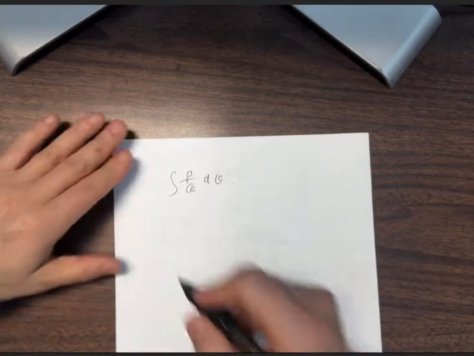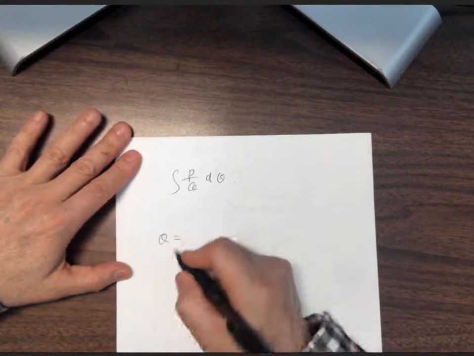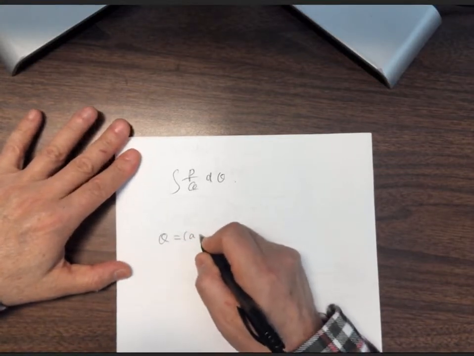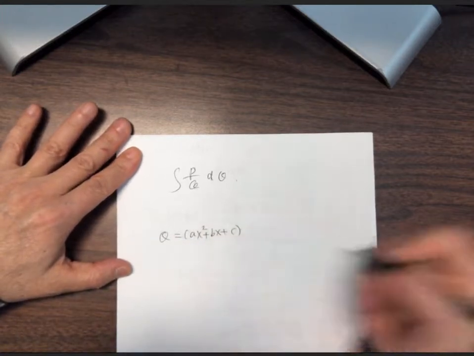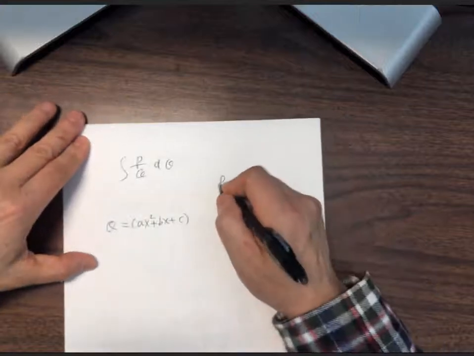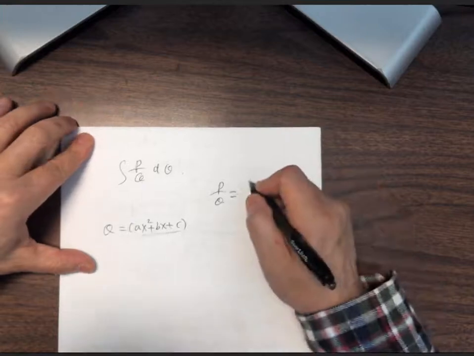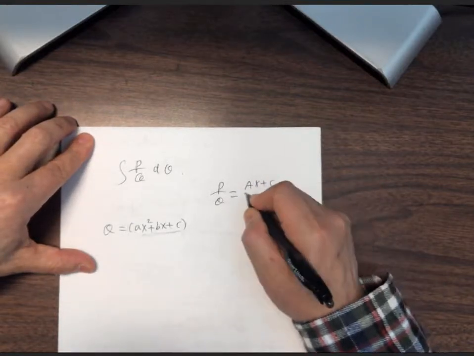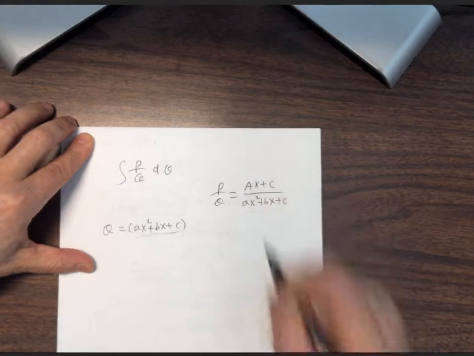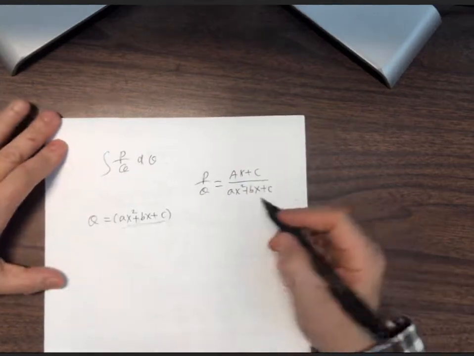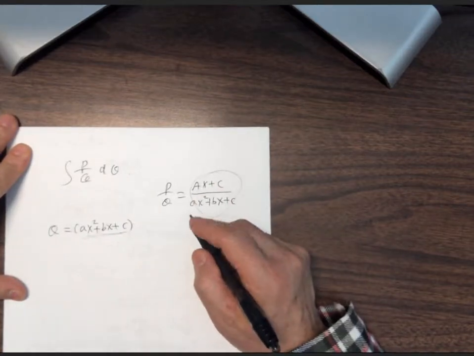When it's second order, in theory, if we have ax squared plus bx plus c, we assume the numerator to be first order, ax plus c, over the second order factor. That's the theory.